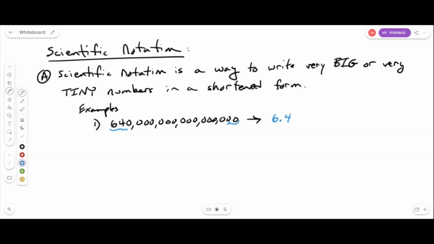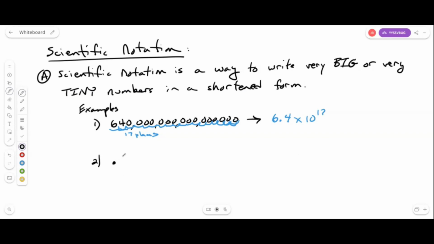And to do that, I move 1, 2, 3, 4, 5, 6, 7, 8, 9, 10, 11, 12, 13, 14, 15, 16, 17 places. So this is written as 6.4 times 10 to the 17.